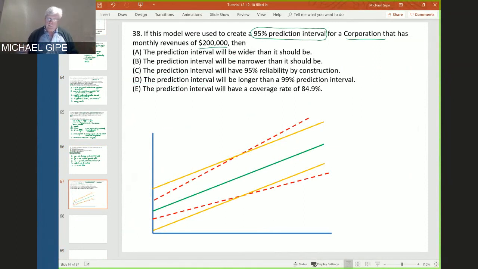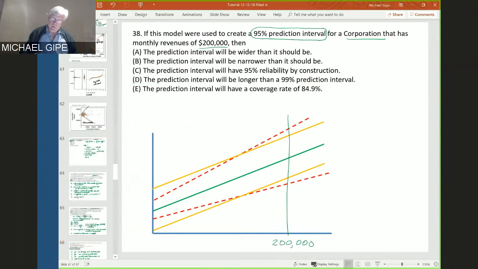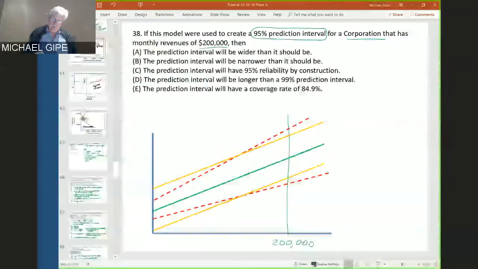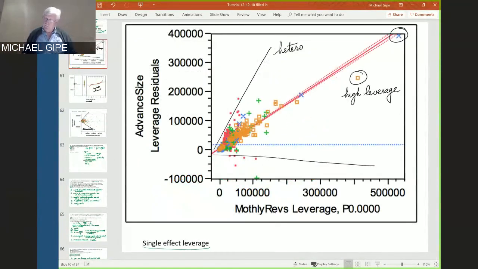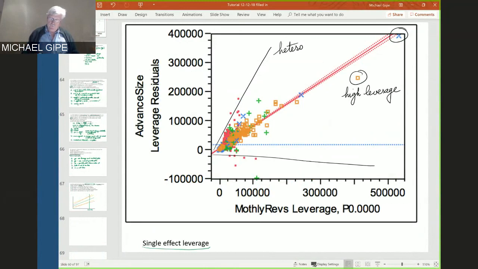But what we have here is, if you look at it, this is around where the 200,000 point is. And if you look at the model numbers, here we go, this one, 200,000 is up here, way out where the variance of the residuals is quite big.